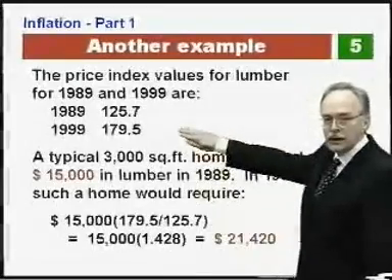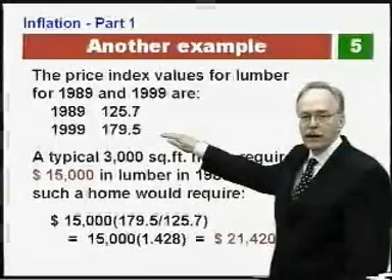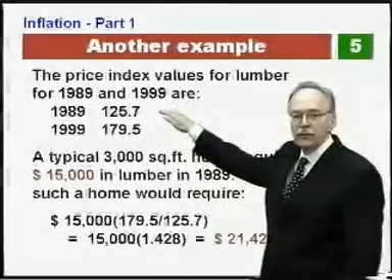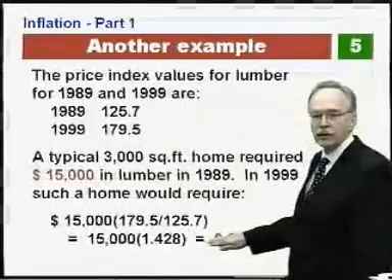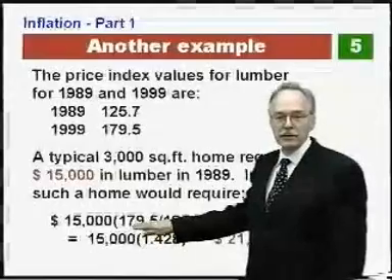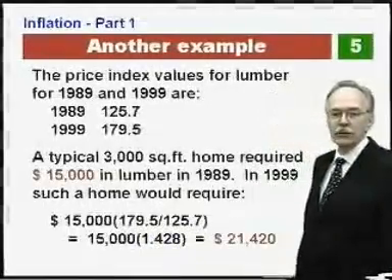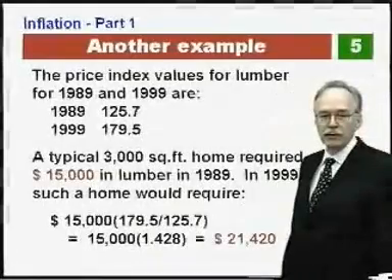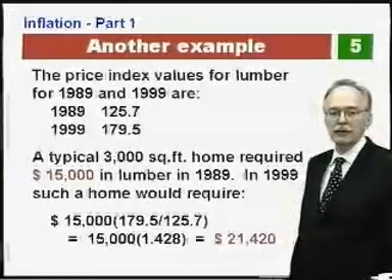Well, what we'll do is we'll take the later price index, the 179.5, divided by the index for 1989, come up with a ratio of 1.428, multiply that by the $15,000, that's the 1989 cost of lumber, and we get $21,420. That would be the raw material price for the same home, same quality in 1999.